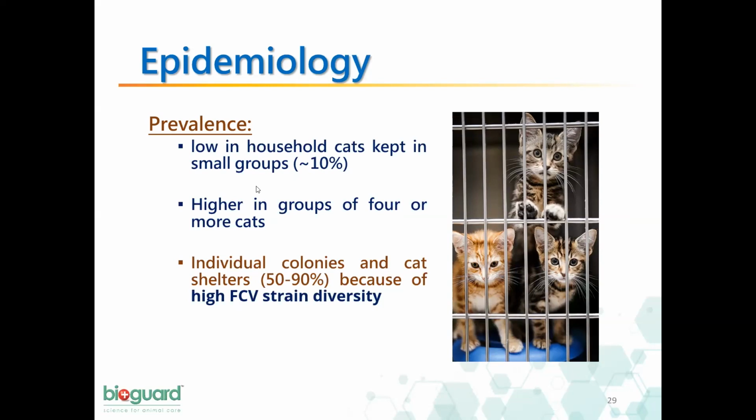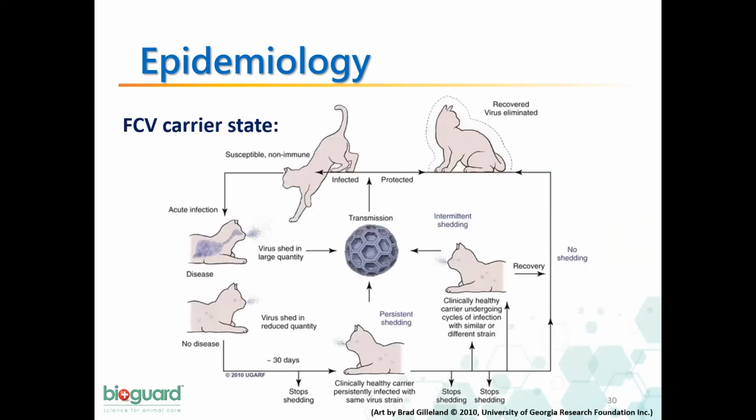However, in household cats, the prevalence drops to about 10%, so there is less chance of infection. This virus is always there in the environment, and most cats are actually carriers of it.